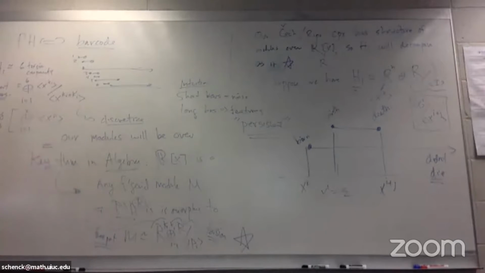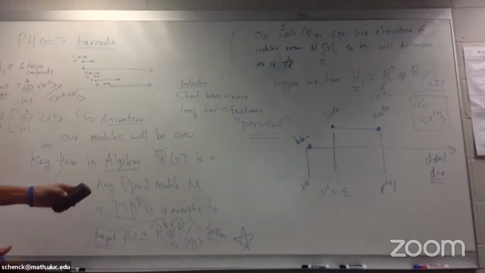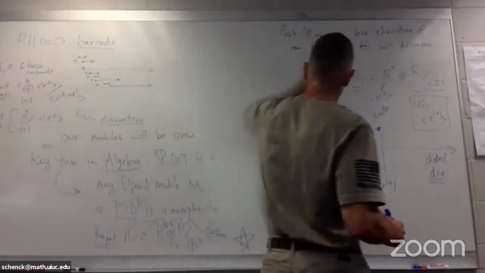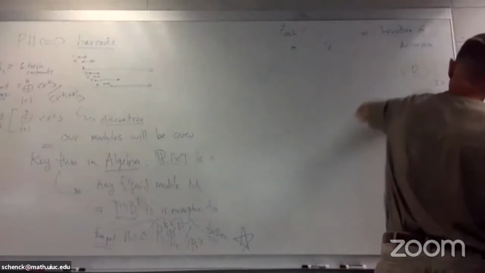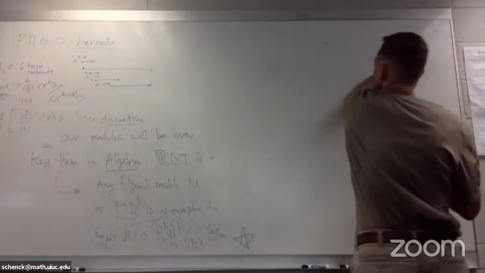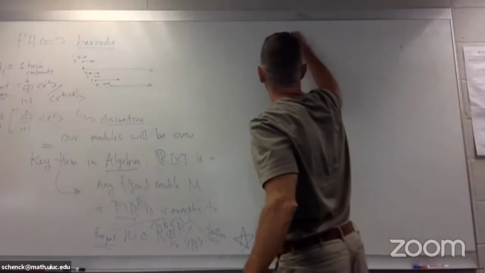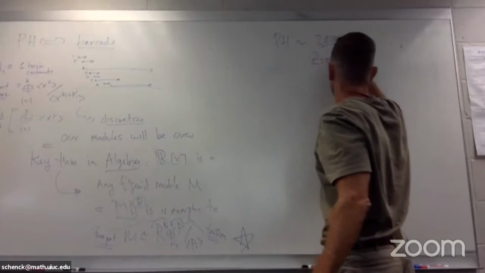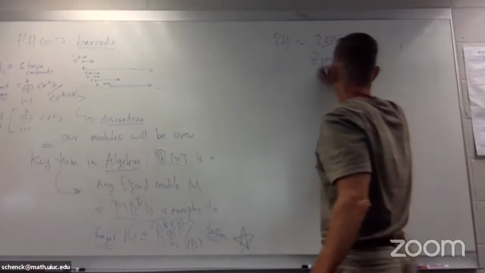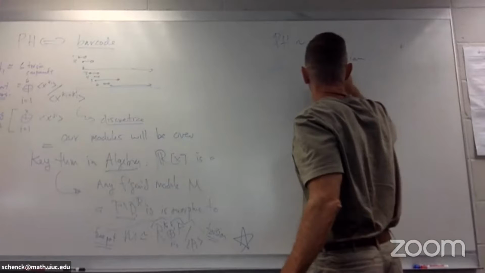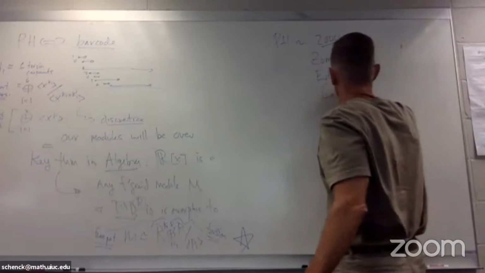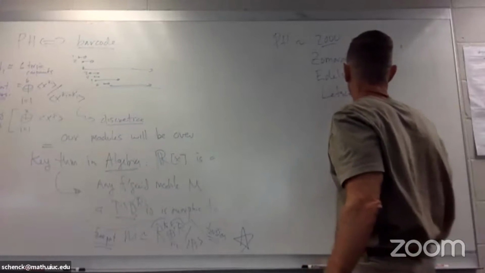So that's persistent homology. It's now about 20 years old. I would be a terrible speaker if I didn't give credit to the originators of the theory. So PH originated about 2000, in the work of Zomorodian, Edelsbrunner, and Letscher.